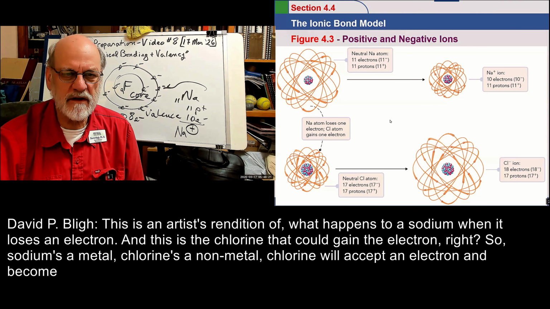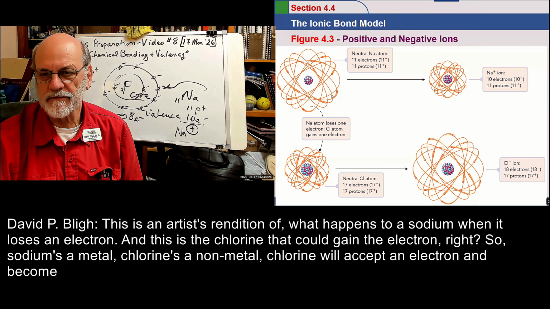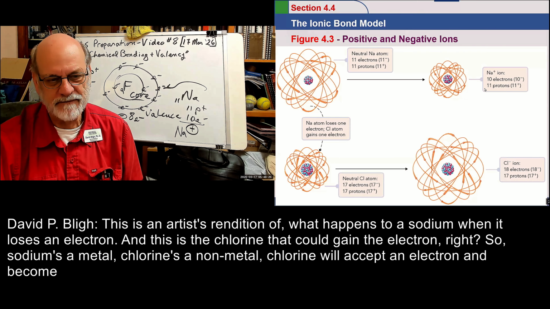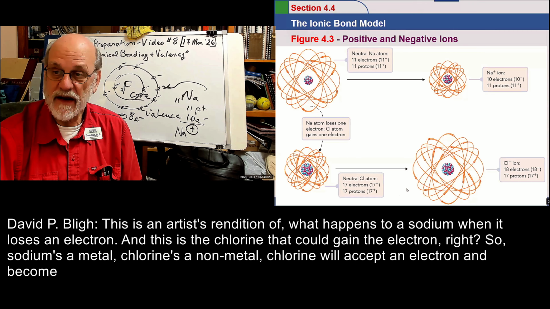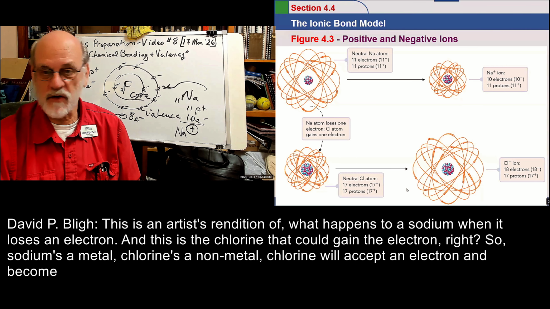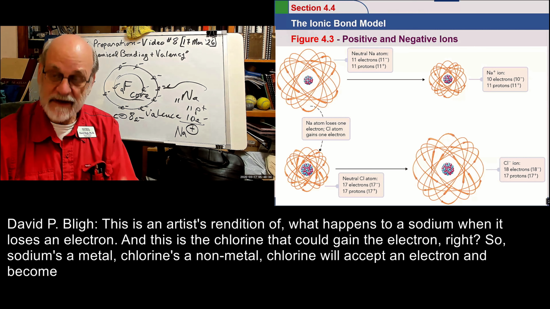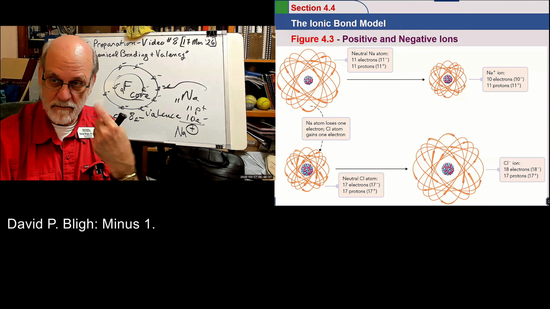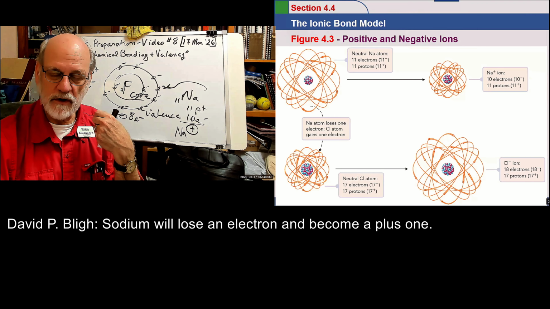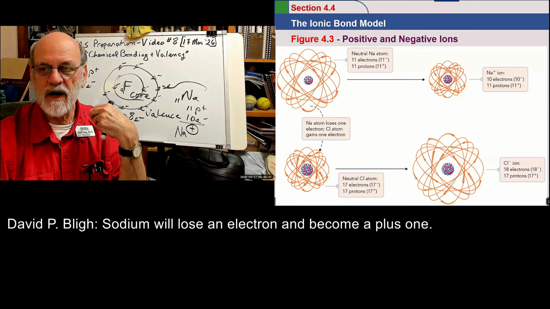This is an artist's rendition of what happens to a sodium when it loses an electron. And this is the chlorine that could gain the electron. Right? So sodium's a metal, chlorine's a nonmetal. Chlorine will accept an electron and become -1. Sodium will lose an electron and become a +1.